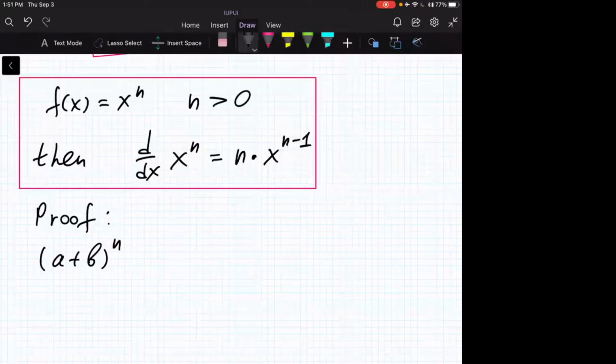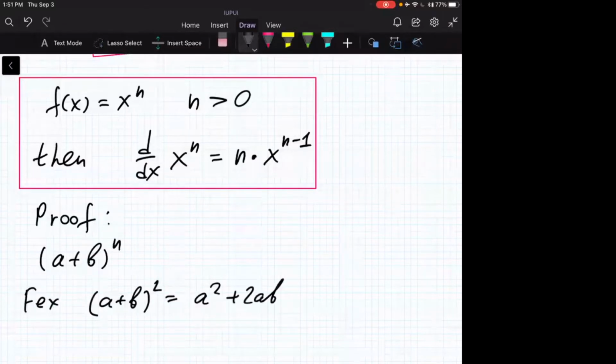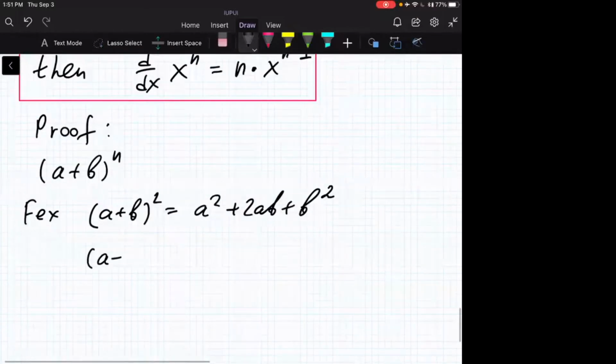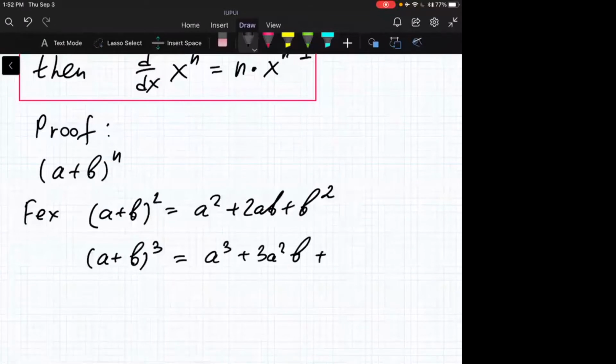We know the formula for n equals 2, right? That is a square plus 2ab plus b square. And we know what happens with a plus b cube, which is a cube plus 3a square b plus 3ab square plus b cube.